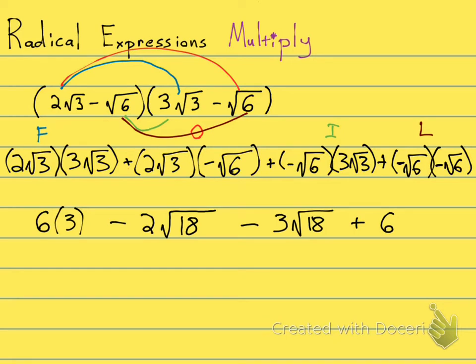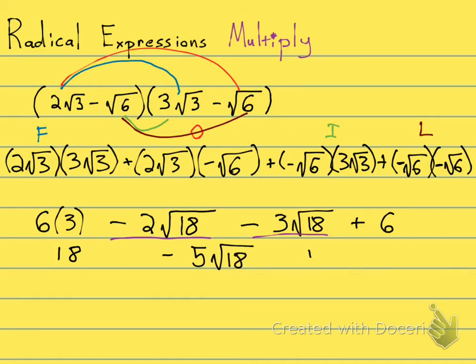All right, now, my first term is 18. 6 times 3 is 18. My middle two terms will combine. I have the minus 2 square roots of 18 minus 3 square roots of 18. That gives me minus 5 square roots of 18.